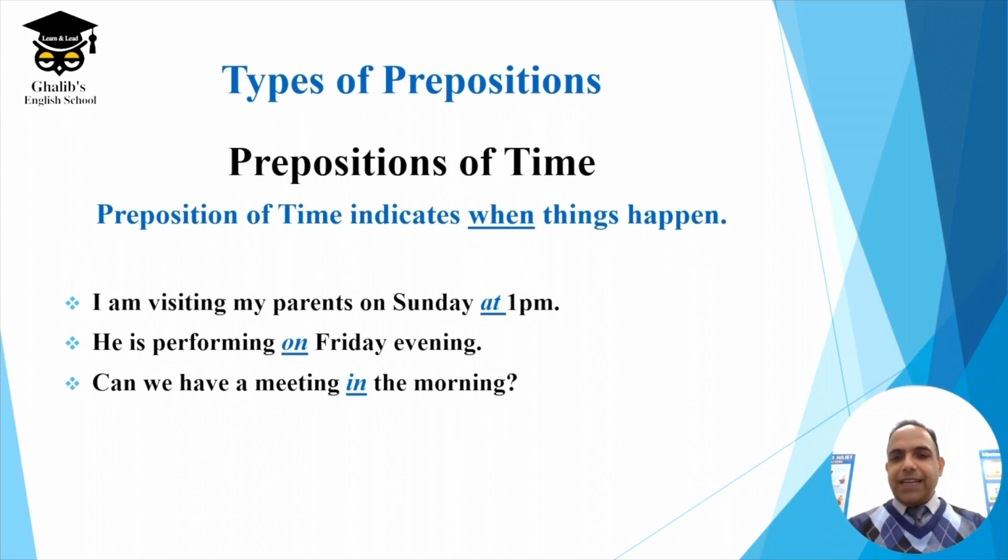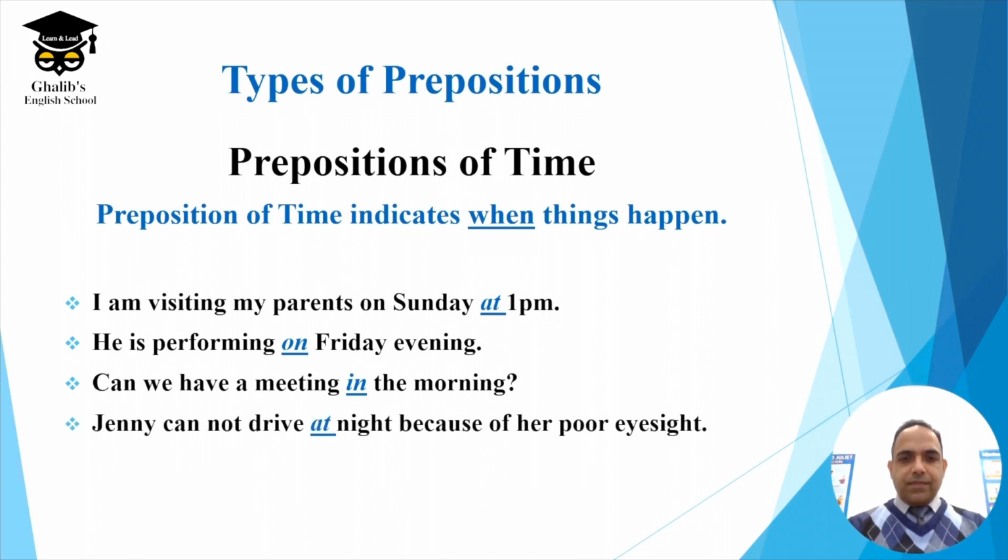Again, for different times of the day we use in. Can we have a meeting in the morning? Now here again, if we talk about night, we're not going to say on night or in night. We say at night. So Jenny cannot drive at night because of her poor eyesight. So poor Jenny, she has poor eyesight. That's why she cannot drive at night.